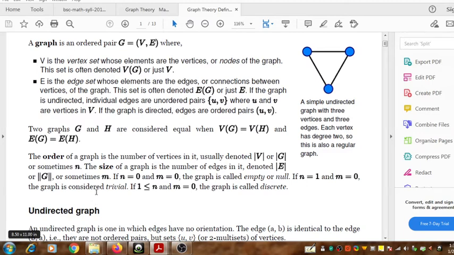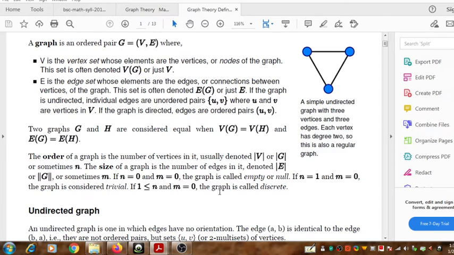The special situations of these values are very interesting. If n equal to 0 and m equal to 0, the graph obtained is called an empty graph or null graph.